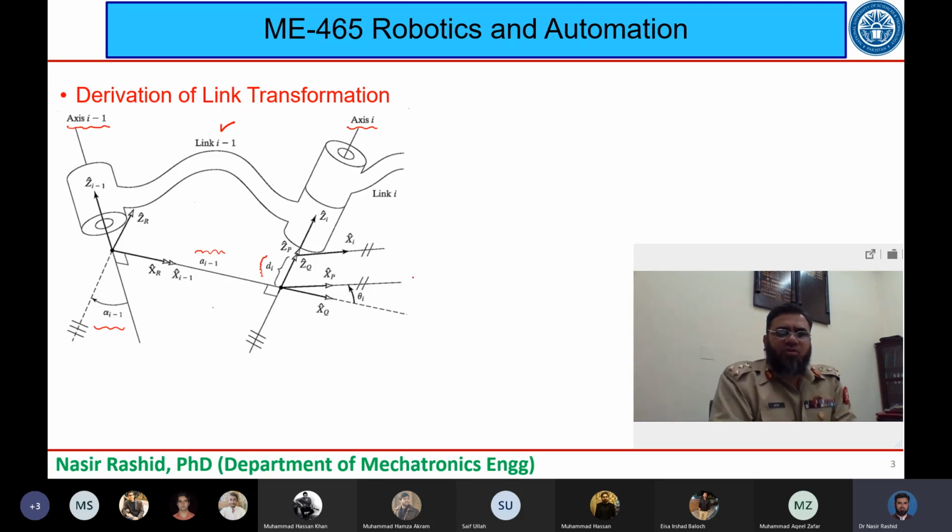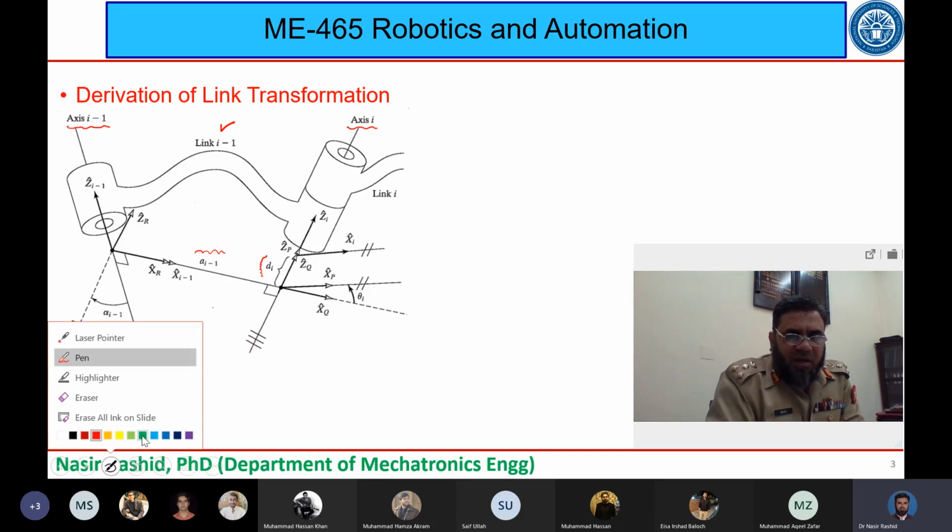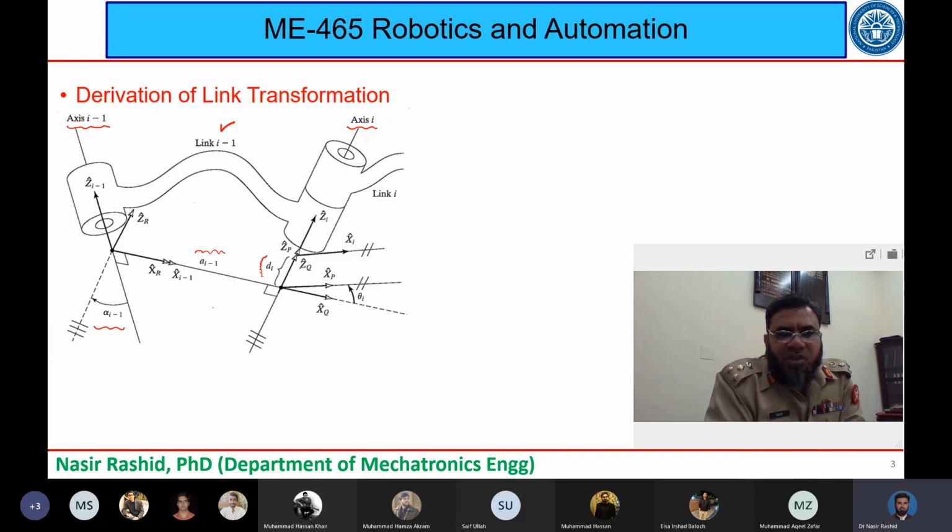So today I'm going to show you how that DH table is going to be converted into a transformation matrix. What I have included here new in this diagram are these frames. We have a P frame here, which is XP and ZP.